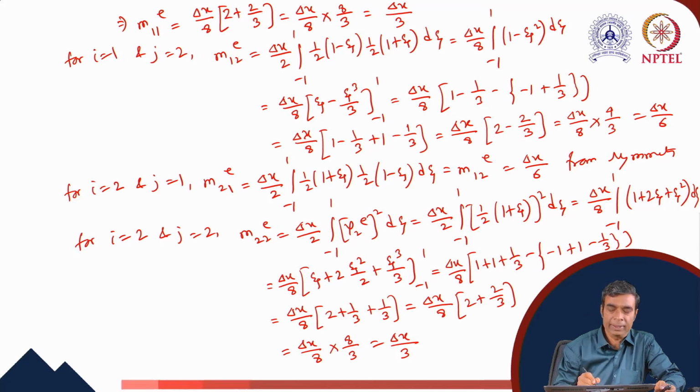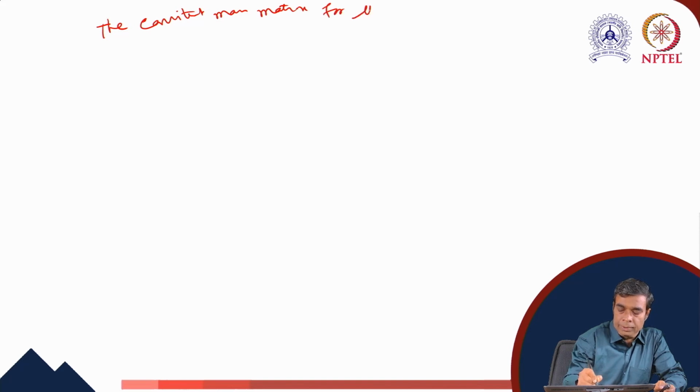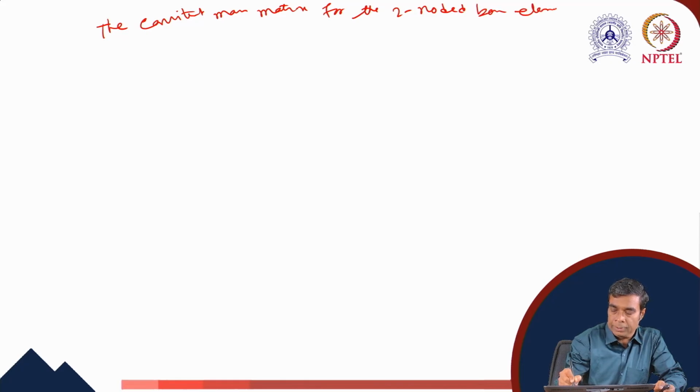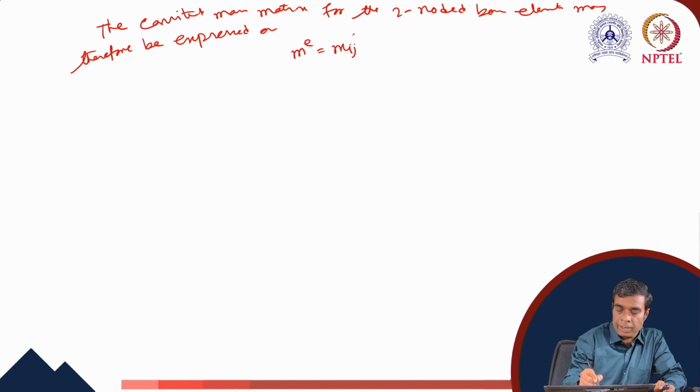We can summarize this matrix as follows. The consistent mass matrix for the two-noded bar element may therefore be expressed as M e equals M ij e equals M11e, M12e, M21e, M22e.